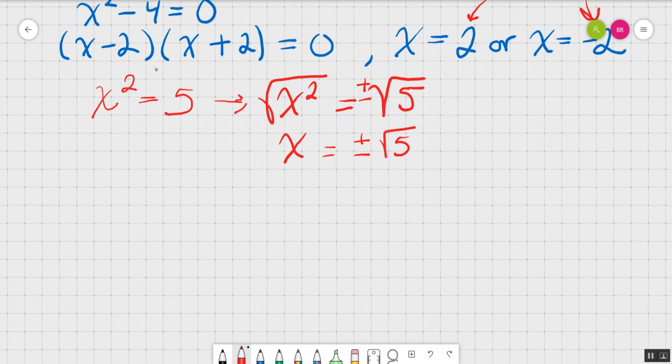These are the numbers you can't write as fractions.